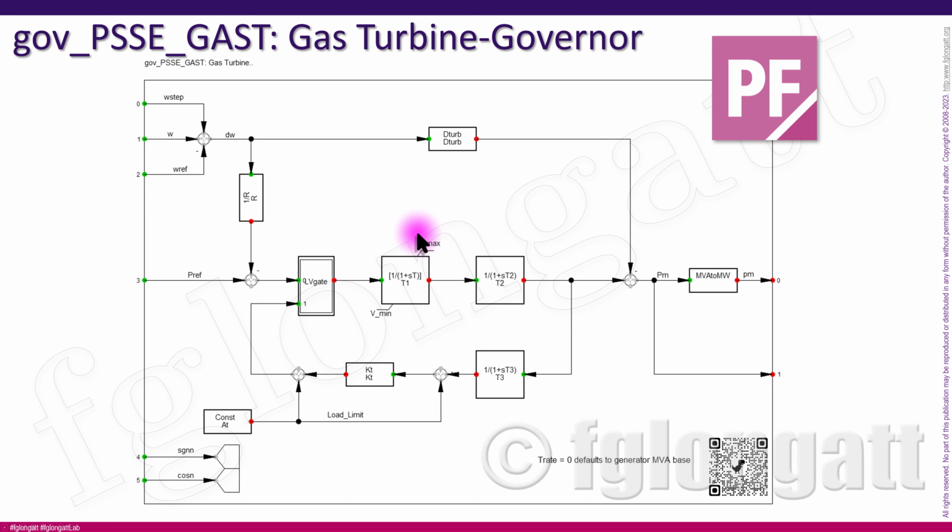However, inside that block, we are not using the Laplace transformation. This form using the Laplace variable S is just for representation, to show you in a very simple way that you are mimicking a first order transfer function.